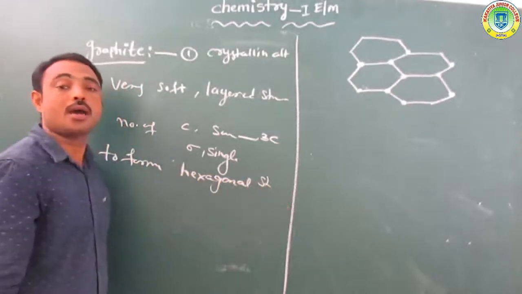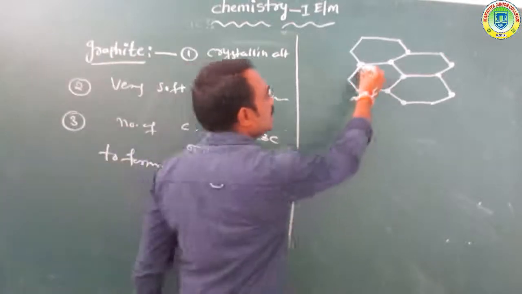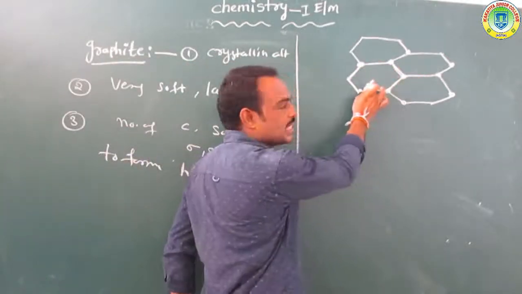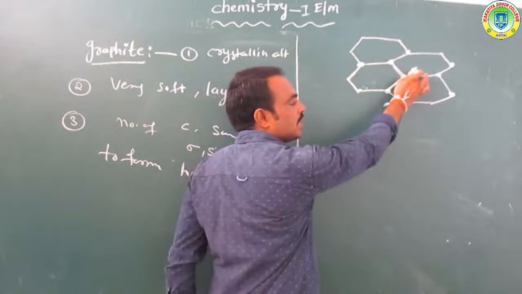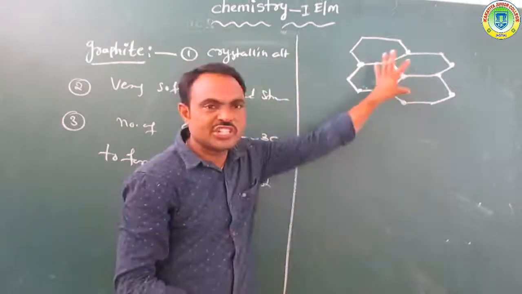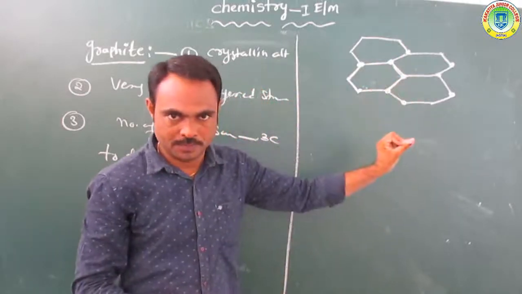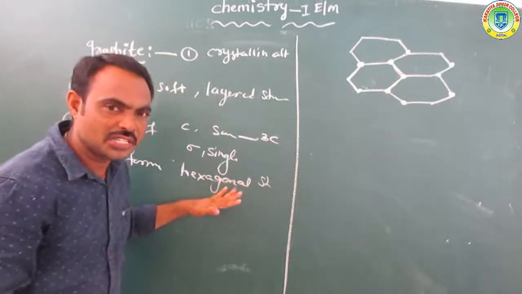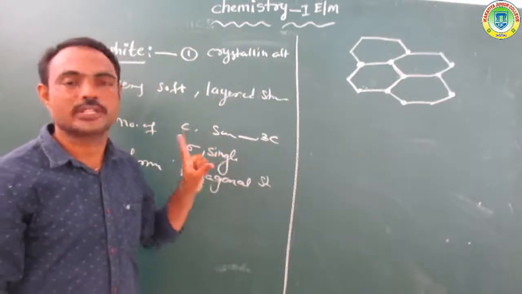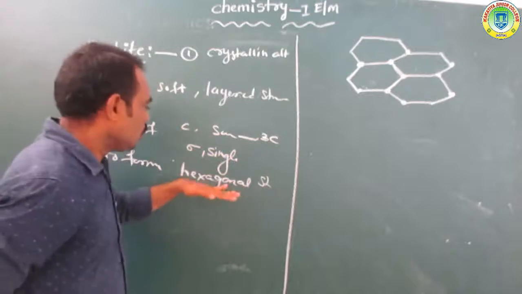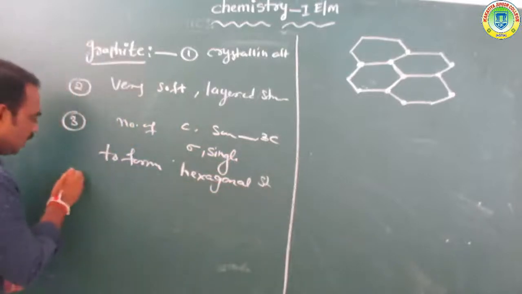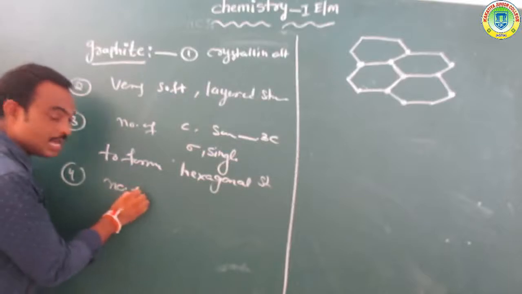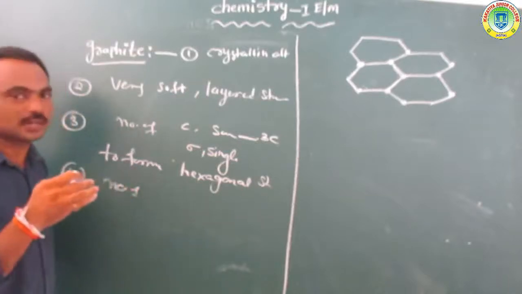It is one hexagon, and these are all hexagonal shapes. So graphite contains a number of hexagonal structures.